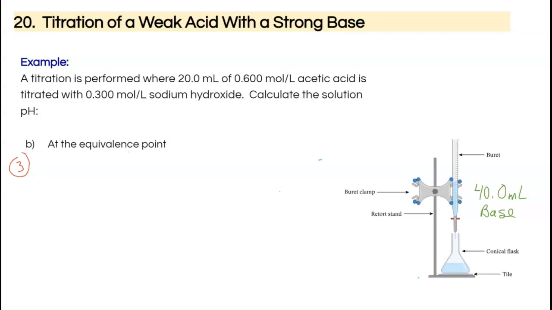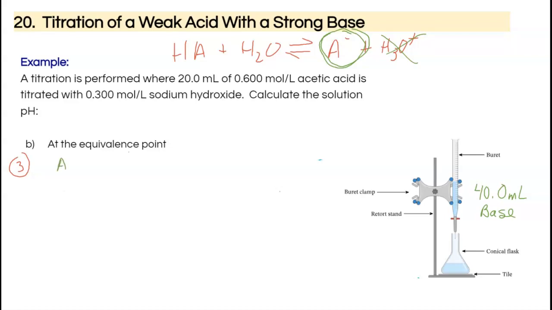If my acid has this dissociation, HA plus H2O produces A minus plus H3O plus, and all of the base knocked out these, but now I have this anion of the salt that's contributing to pH, and that's really what I need to think about at this point.